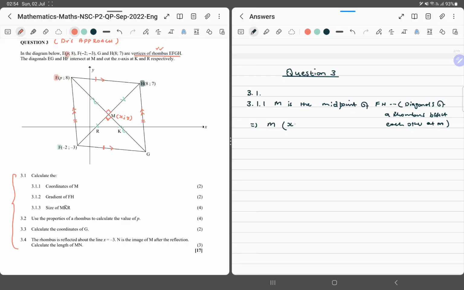So we can say x at F plus x at H over 2, y at F plus y at H over 2. It still implies that our M is this point right there. This is minus 2 plus 8 over 2.